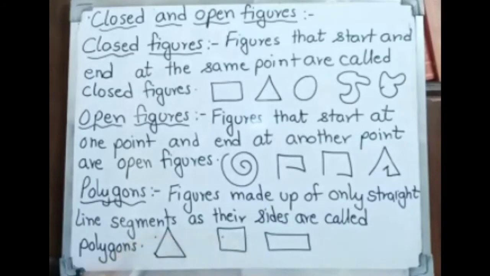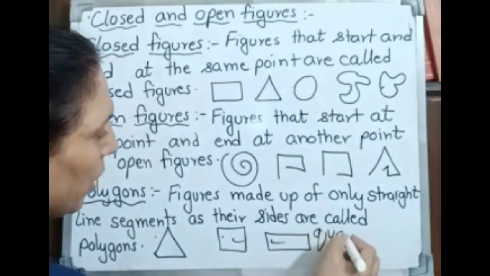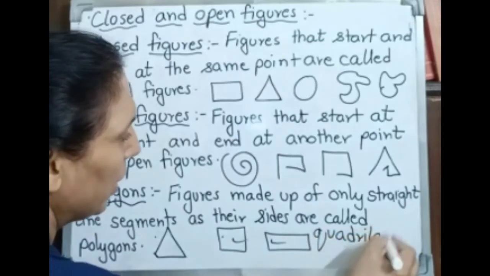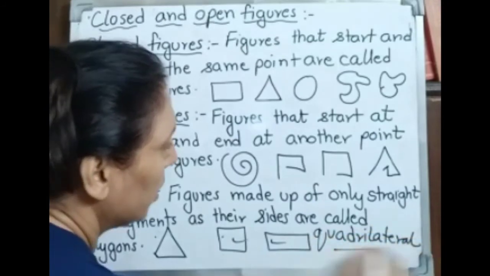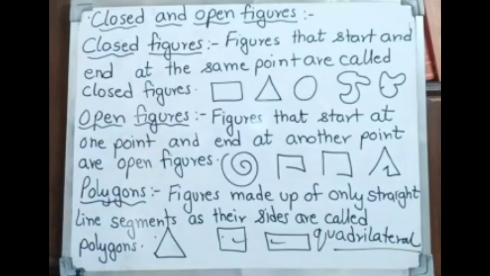Triangle, square, rectangle. A polygon having 4 sides is called a quadrilateral. So a square and a rectangle are quadrilaterals. Quadrilateral, spelled Q-U-A-D-R-I-L-A-T-E-R-A-L.